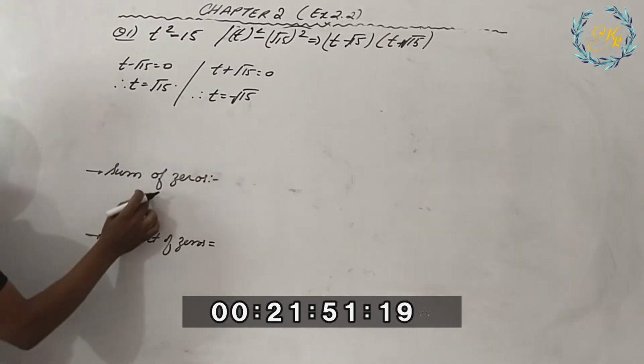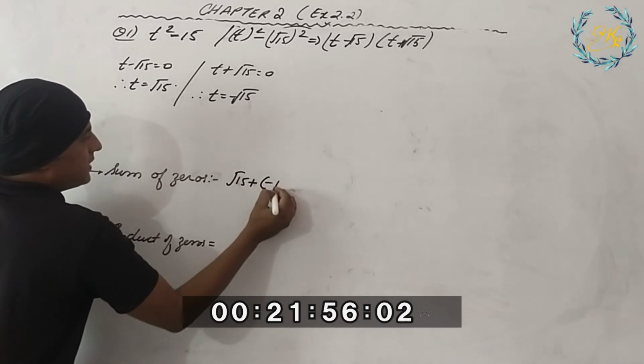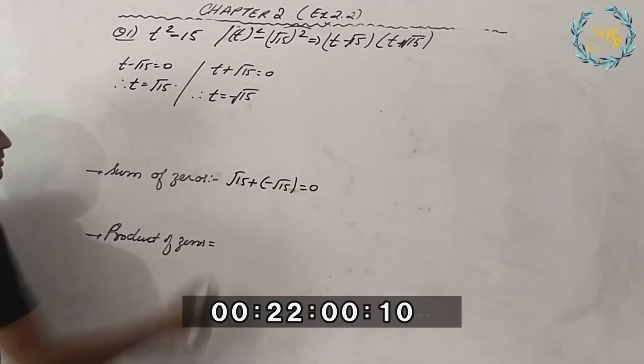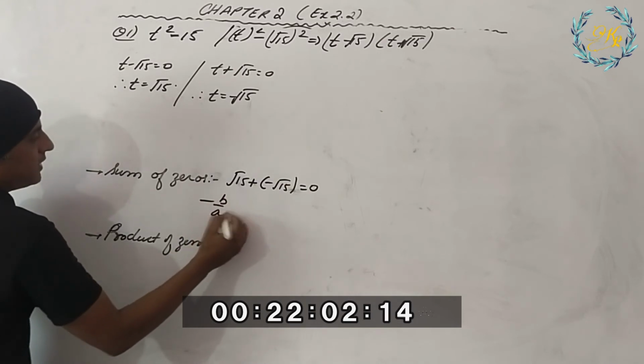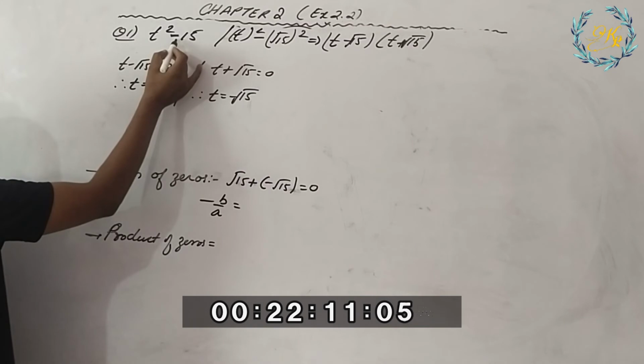Taking these two values as zeros, sum of zeros is given by under root 15 plus minus under root 15, the answer is 0. The value can be compared with minus b by a. Now here, if you see, the value of b is missing from here. How do I know?